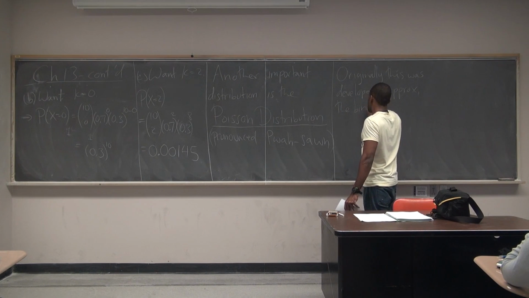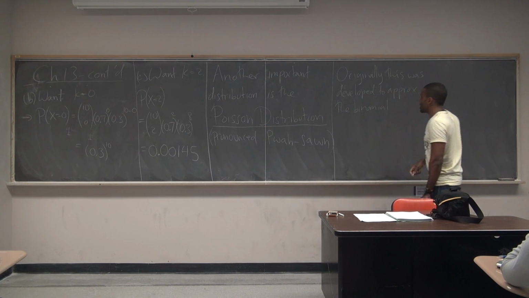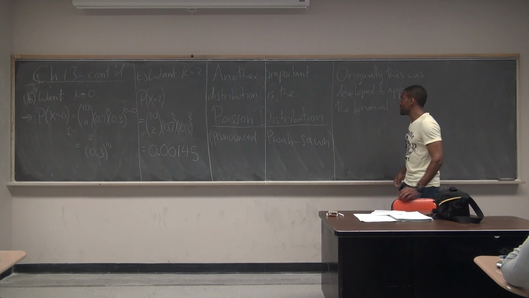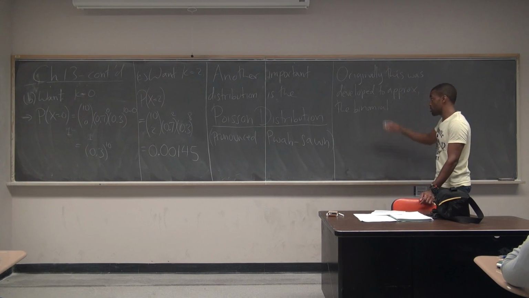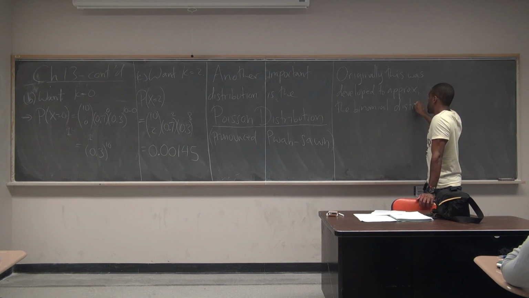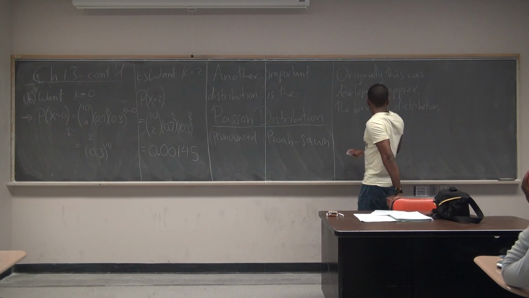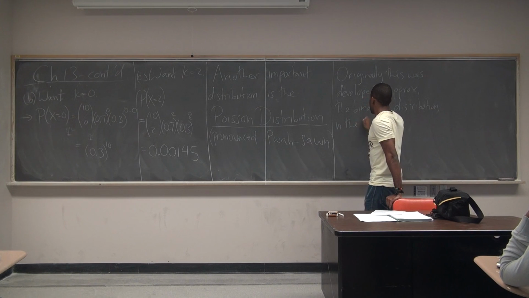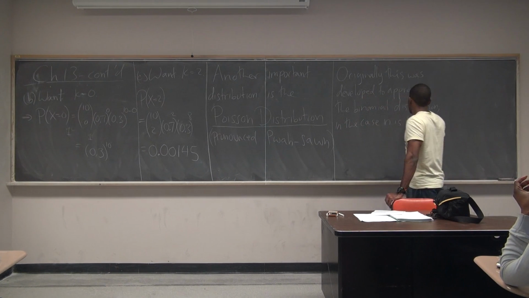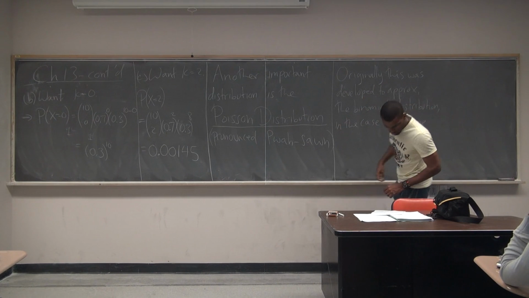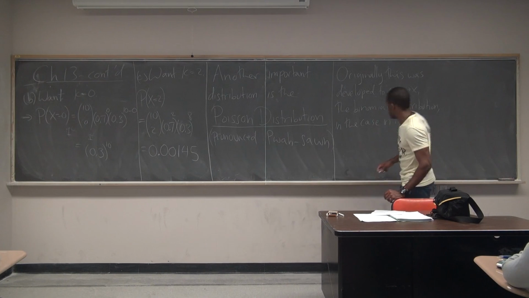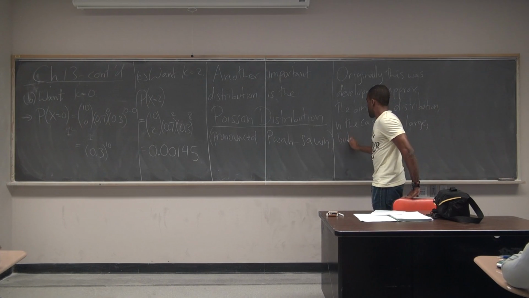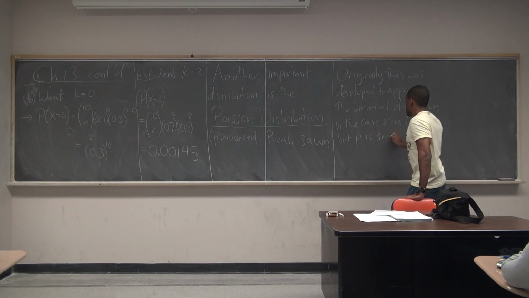The one thing you're going to realize about the binomial is that it's super useful, but a lot of times it's hard to actually apply. So they come up with ways to approximate it. The Poisson distribution was actually a way to approximate the binomial distribution in a certain instance, I think when n was large but p is small.